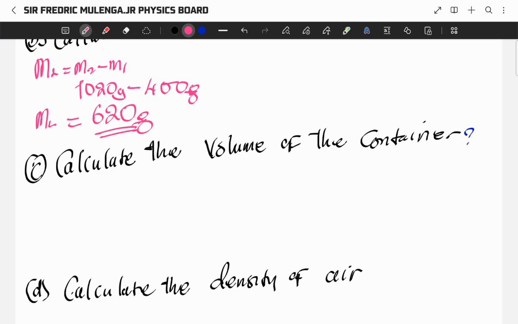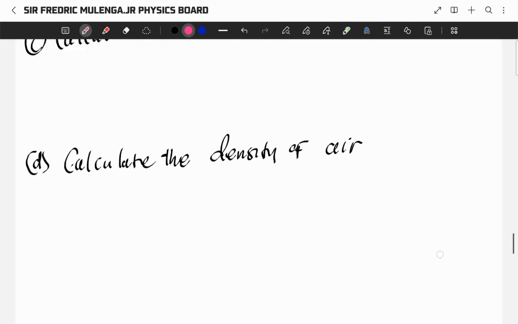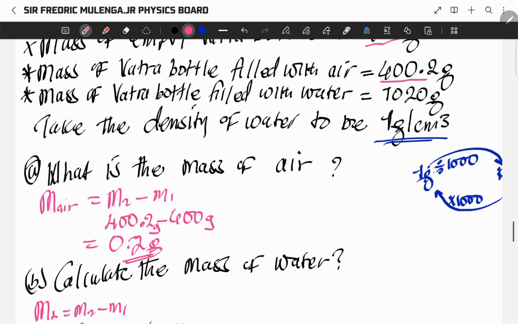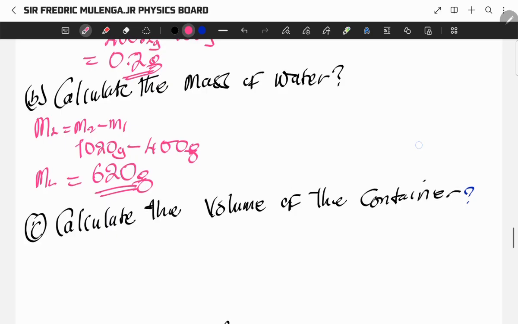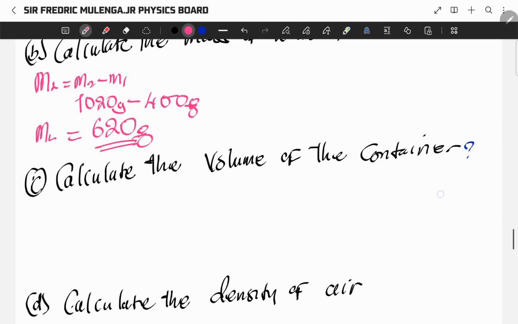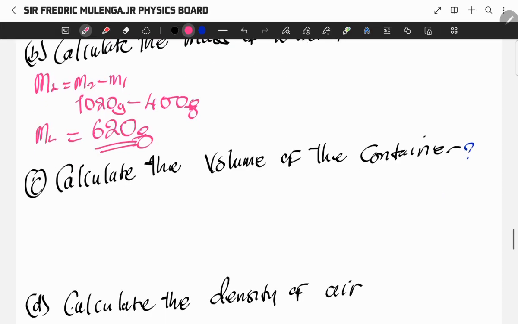Because for liquid, we have two physical quantities given. We have been given the density of water, which is 1 gram per centimeter cubic. At the same time, we've also calculated the mass of liquid. So when we solve the volume of liquid, then we'll also solve the volume of the container.